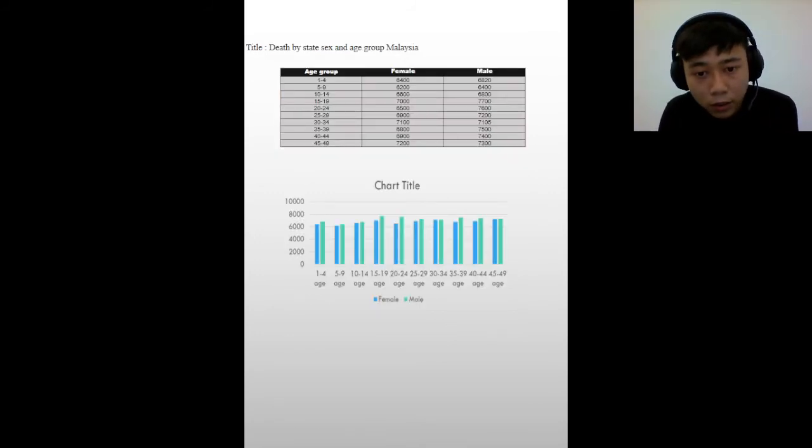Next graph is a bar graph. The title of the bar graph is by state, sex, and age group in Malaysia. For age group, we have 10 groups. For the first group, age 1 until 4, female has 6,400, and male is 6,820.